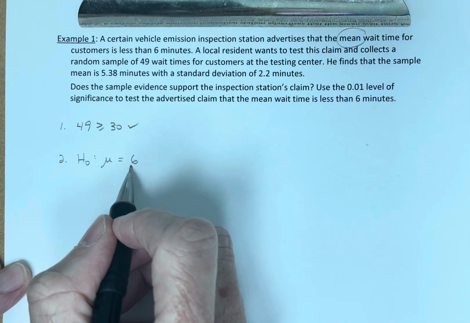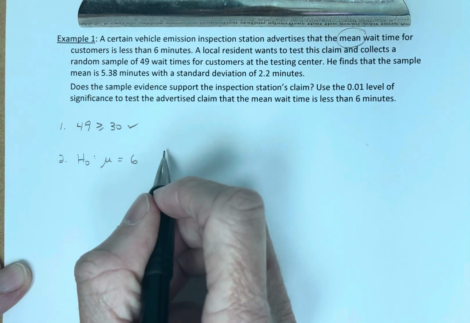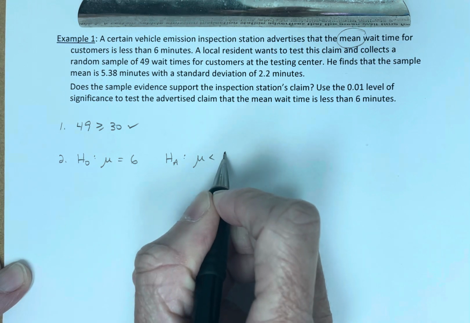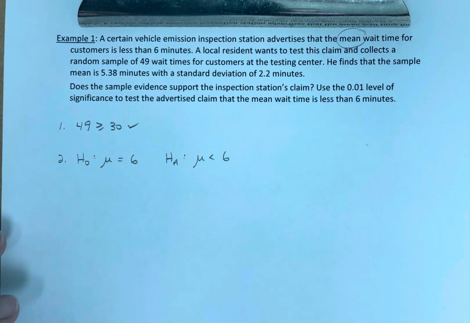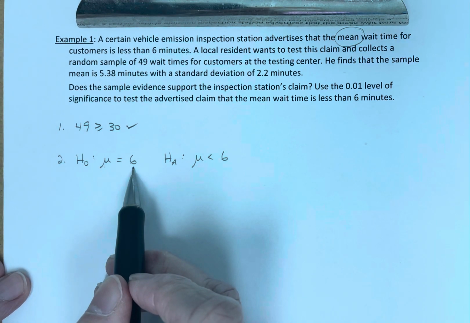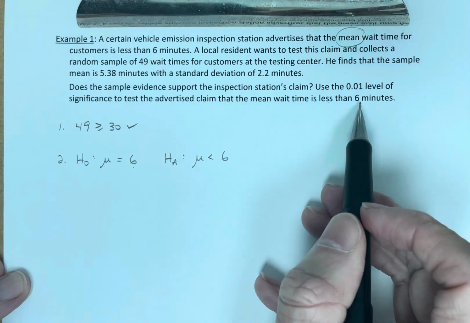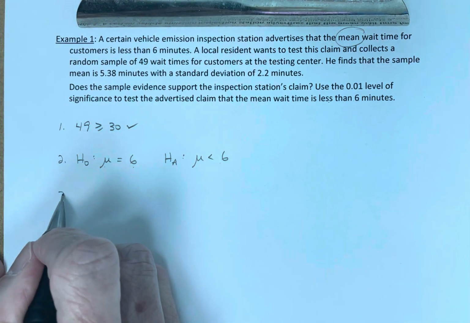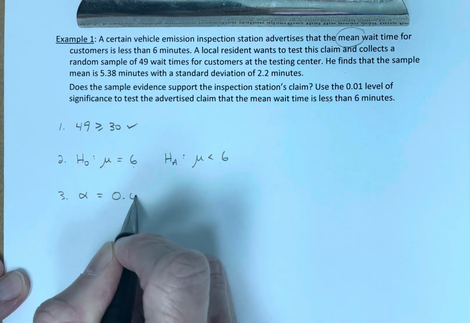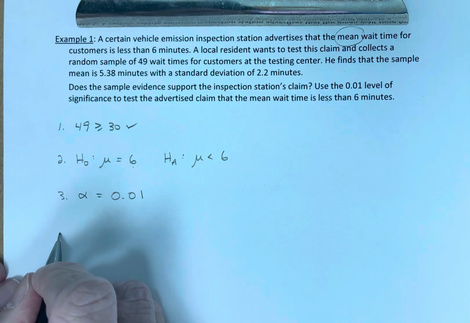We want to test the claim, and our alternative is less than 6 minutes. Okay, our null is always a statement of equality. And the claim here, the alternative, is it less than 6 minutes? There we have it. Number three, what is our level of significance? In this case, we want to be at a 0.01 level of significance.